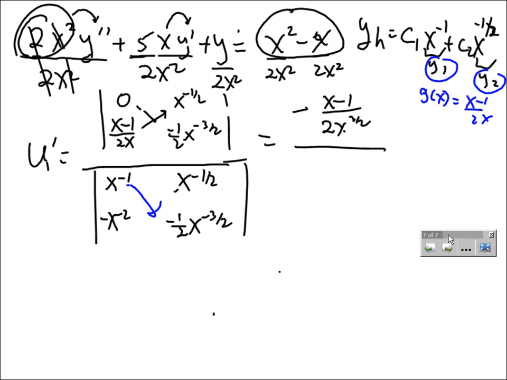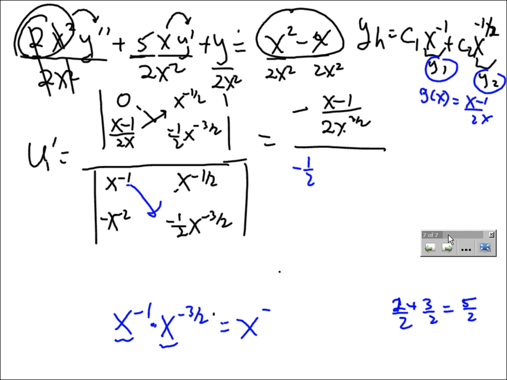That product is going to be negative a half times x to the negative 1 times x to the negative 3 halves. Since we're multiplying, the bases are the same, we keep the base and we add. When you add two negative numbers, it's going to be negative. We think of 1 as 2 over 2. So when you add those two numbers, you get negative 5 halves.